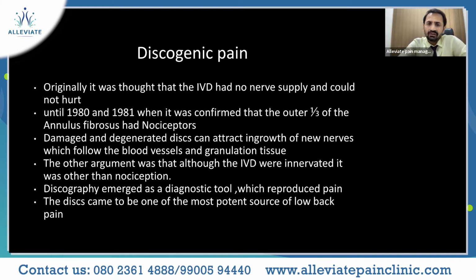The other argument was that the intervertebral disc was innervated, but not nociceptive; the nociception was not there, but vasomotor or sympathetic involvement was there. Discography emerged as a diagnostic tool which reproduced pain. The disc came to be one of the most potent sources of low back pain. This we know because the cases which come to us are lower back pain, and one of the most important causes is discogenic pain.